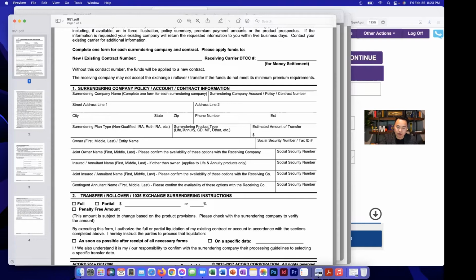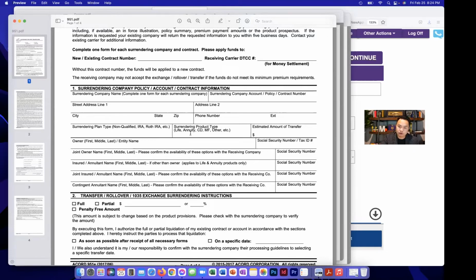Under the surrendering product type, if it is a 401k, then you need to find out, this is the tricky part, from the client what kind of investment is within that 401k. How is that product invested? Is it stocks and bonds, or is it a money market?